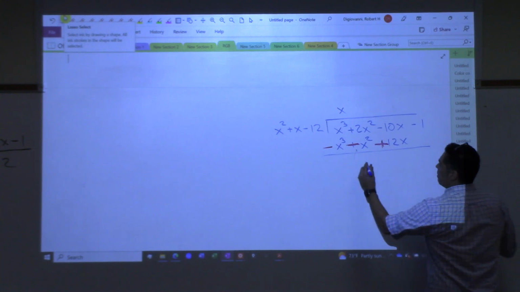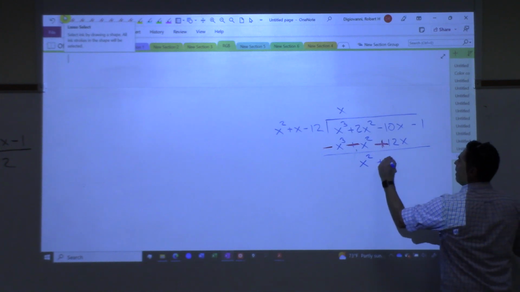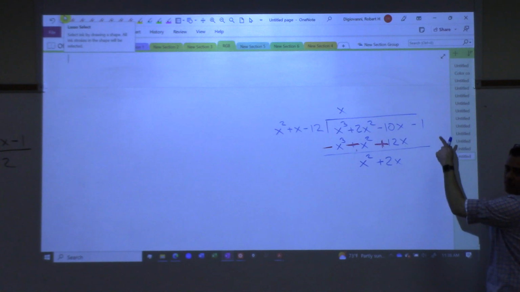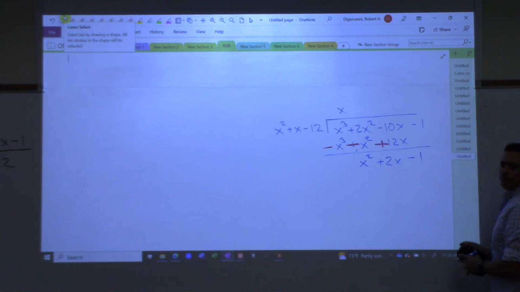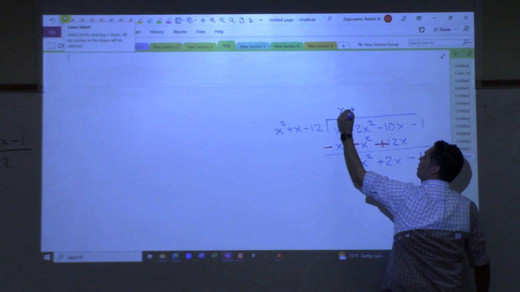X squared plus 2x. And then don't forget this one right here: minus 1 just comes down. Now I have to turn x squared into x squared, so plus 1.